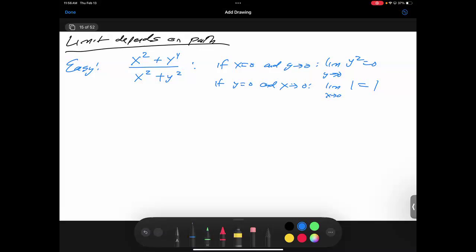A more interesting example, again, almost surely I'm not going to get this right on the spur of the moment, but what's bad about this example? I'm approaching along two lines and I get different answers. Is this hard for a Calc 3 student to do?